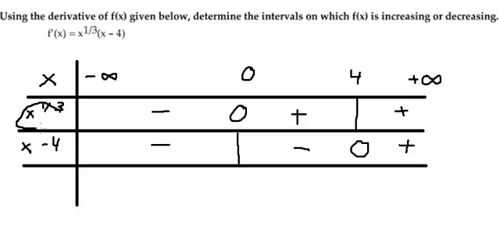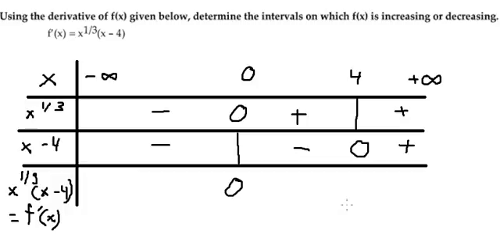We combine the two functions together. You get x to the power of 1 over 3 times x minus 4, and this equals the first derivative of the function. So we put 0 in here, 0 in here, because this is the solution of this one.